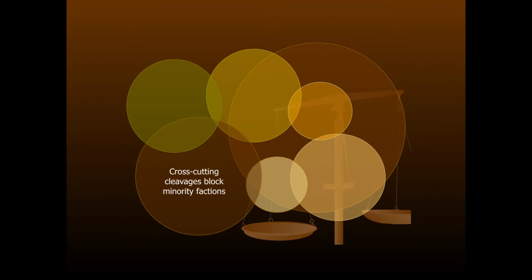This is kind of a metaphor for what Madison was attempting to prevent from happening. So we can see here that, yeah, some of the circles are larger than others, but because of the overlapping, because of the dynamics in which you might be part of any number of things, and when you're part of any number of things, it usually diffuses the power that you're able to wield.